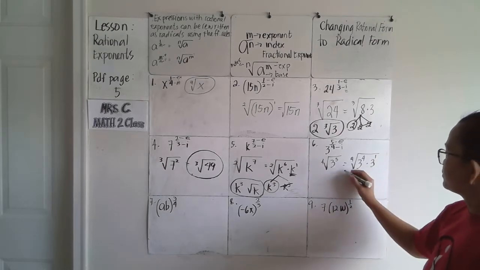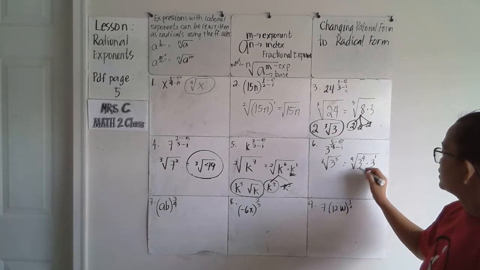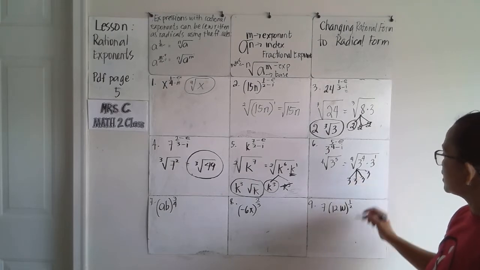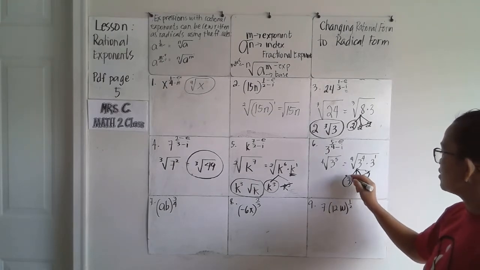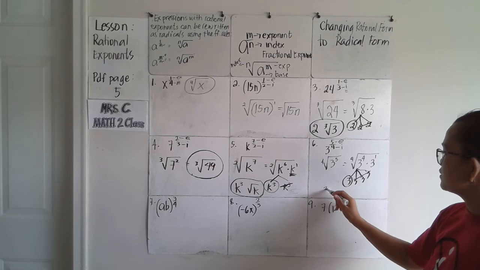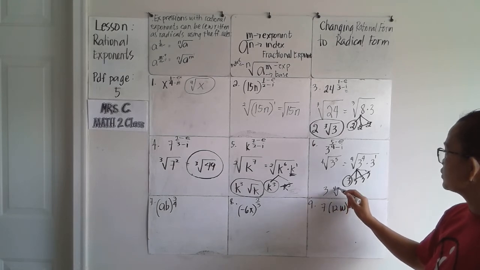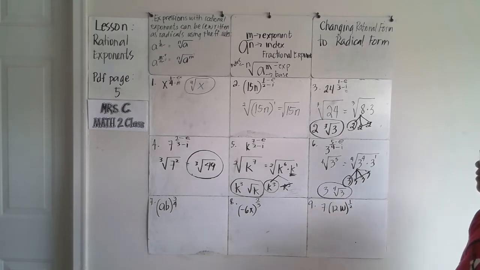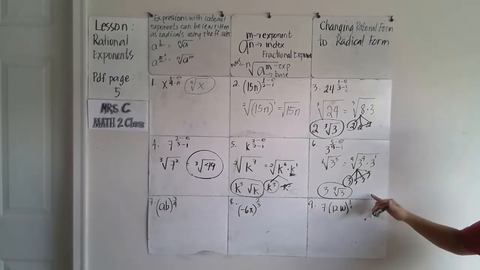So 4 becomes 1, 2, 3, 4. That's 3, 3, 3, and 3. Cancel 3, take 1. So the final answer will be 3 times the 4th root of 3. That's the final answer for that problem.